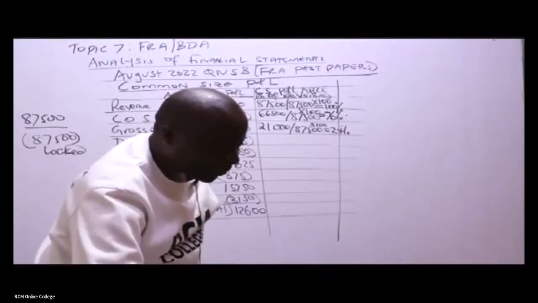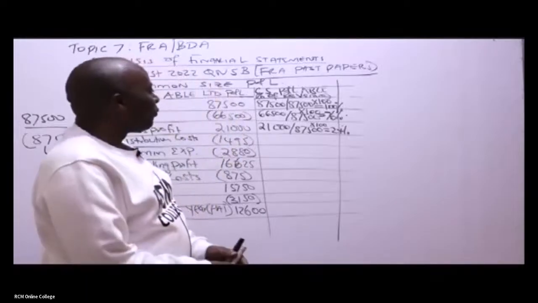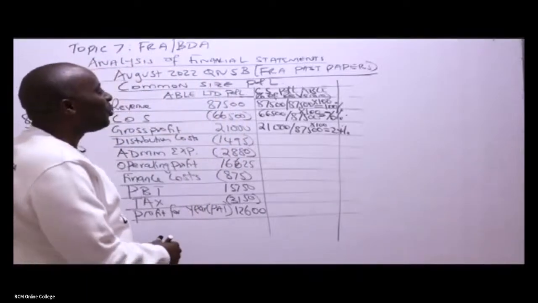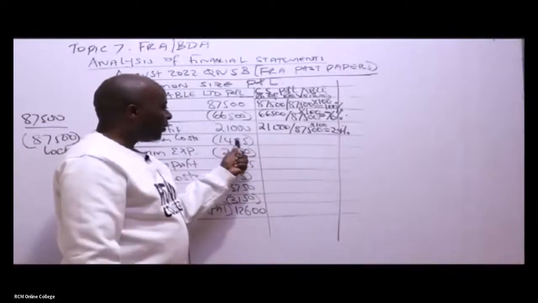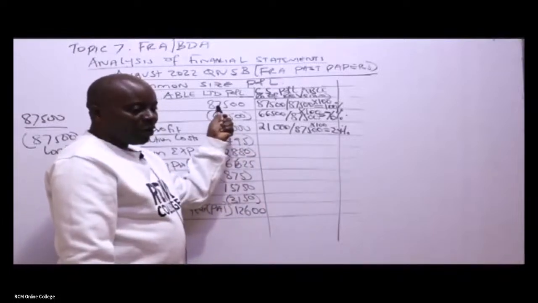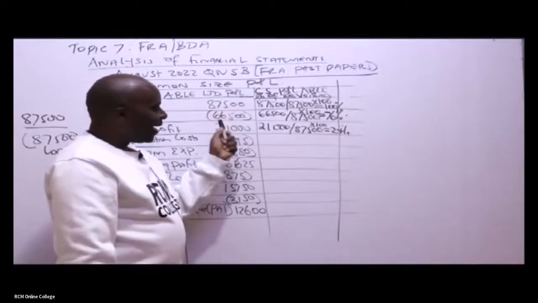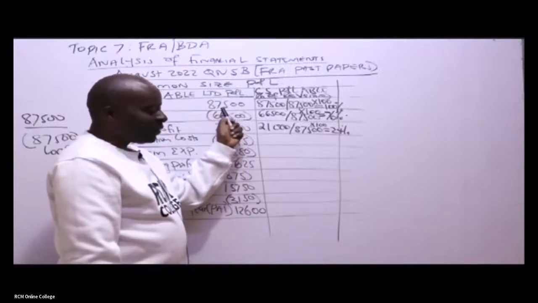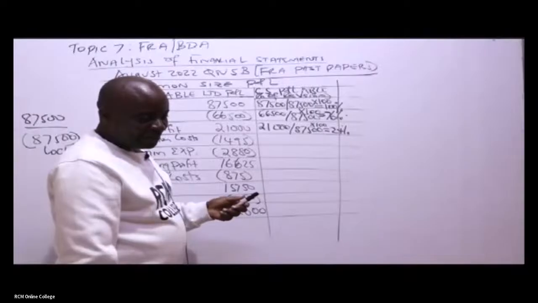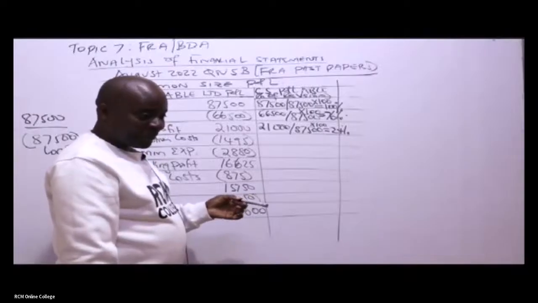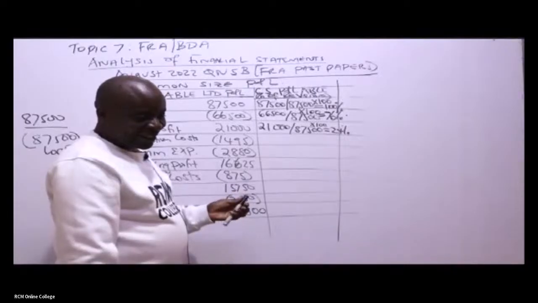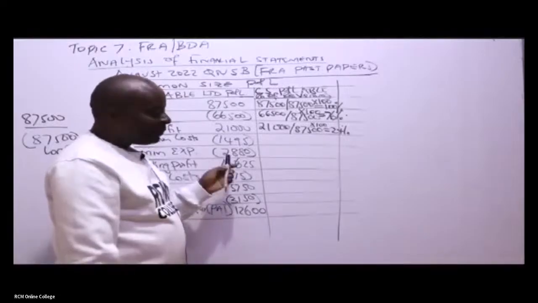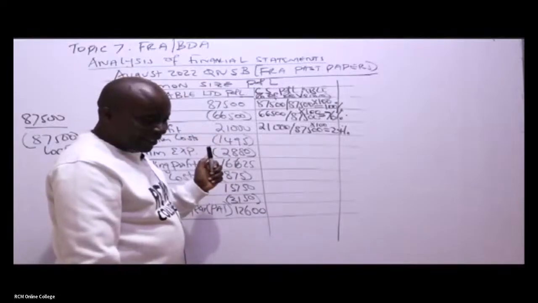So, for the sake of my FR students, are you able to give me these percentages downwards very fast? Like this will be 1495 divided by 87,500. Remember, you're dividing everything by 87,500, isn't it?